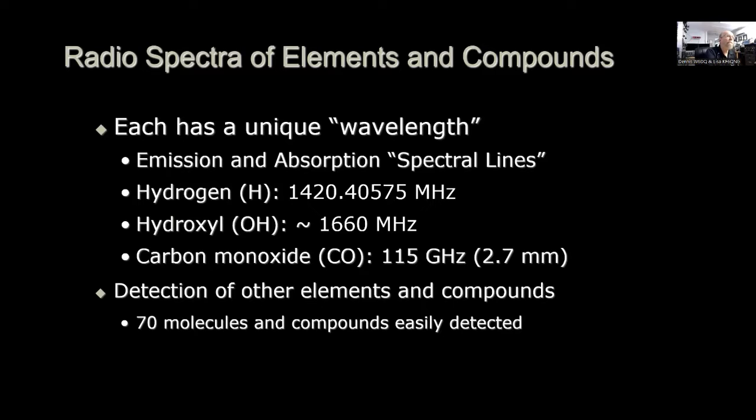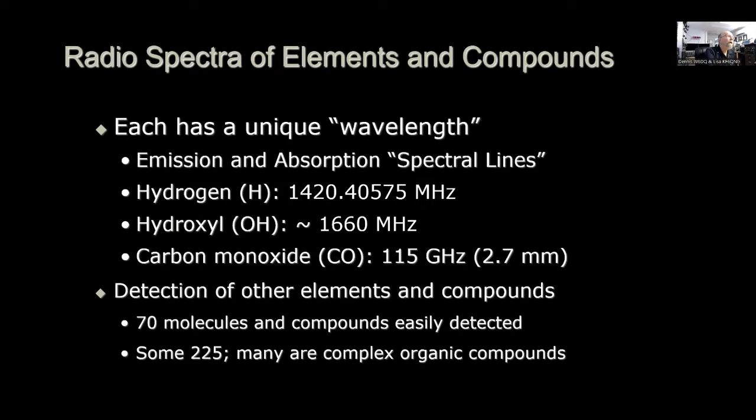In total, some 225 compounds have been detected. Some of those are complex organic compounds, which is kind of interesting because that's the key to life. So this is one of the interesting things that comes out of radio astronomy, detecting these things.